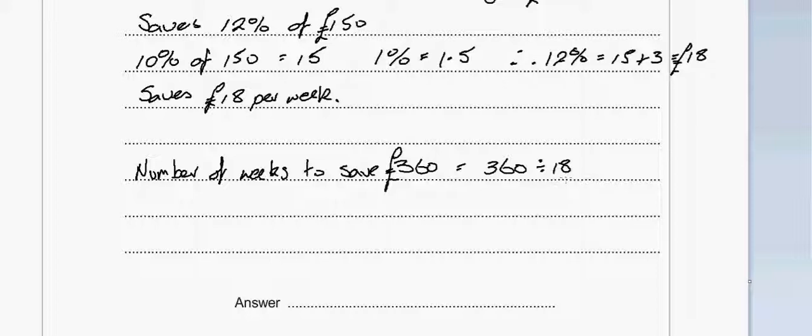Okay, now I know 18 goes into 36 twice with 0, so you could use a calculator for this, but this would be 20. So I can say it would take him 20 weeks, okay, and actually write the units in, okay.